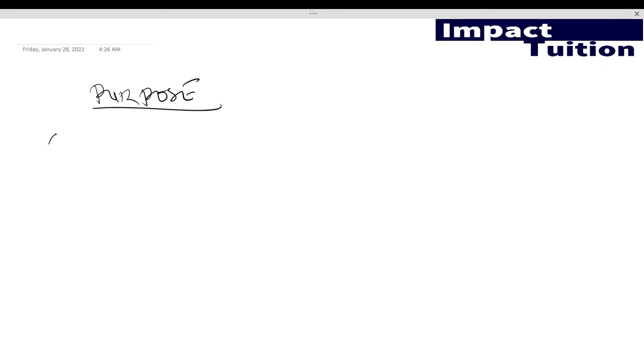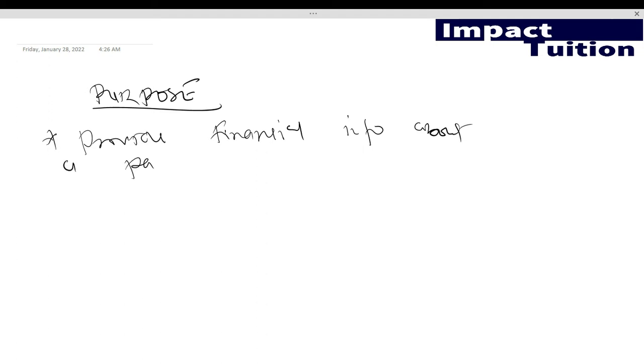Purpose: provide financial information about the parent and its subsidiaries.